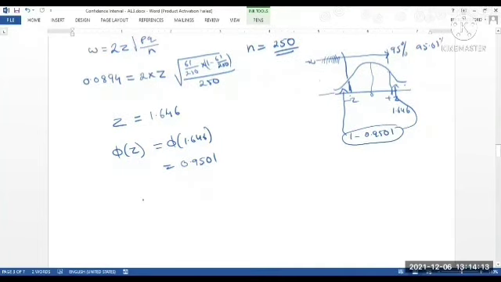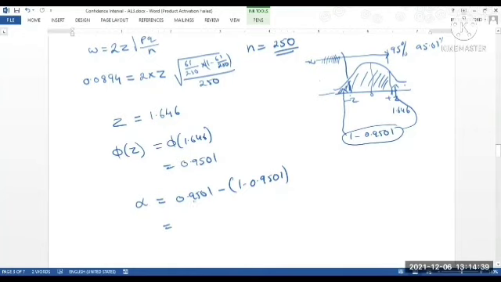So from the total area, if you subtract this one, you get it. Which means your alpha is, the total area is this one, so 0.9501. From that, if you subtract the smaller area, if I shade this whole thing, the unshaded area is 1 minus that. So 1 minus 0.9501. This will be alpha.